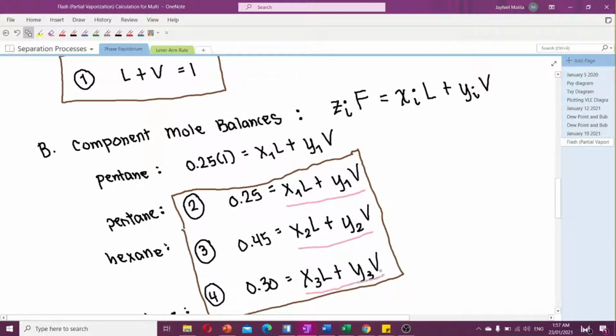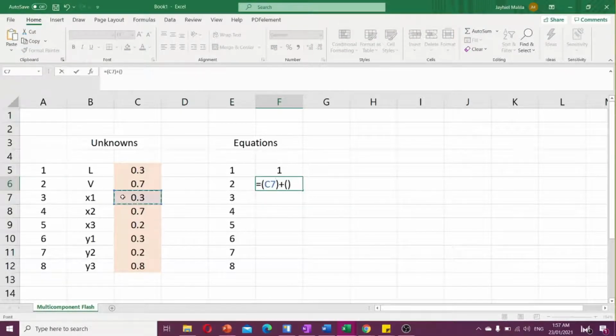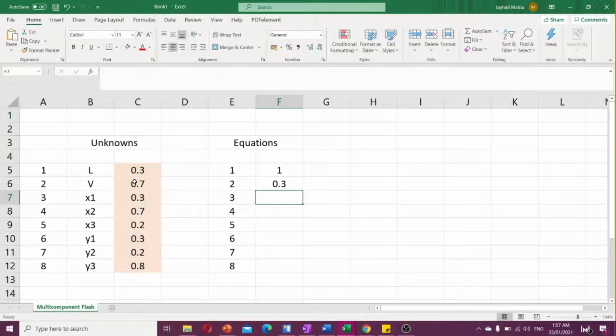Okay, 2, 3, and 4. So I will encode x1 l plus y1 v. So x1 times L plus y1 times V. That will be my number 2.